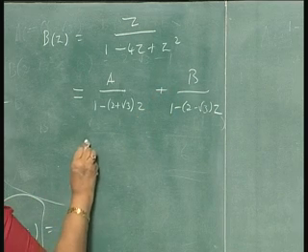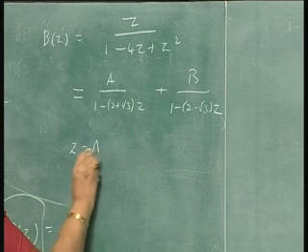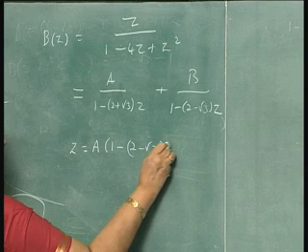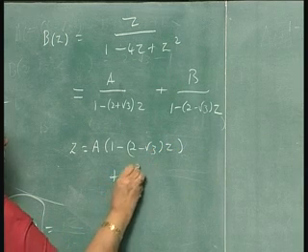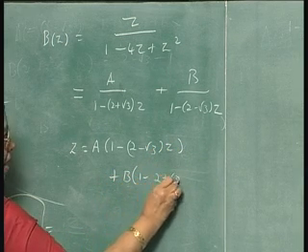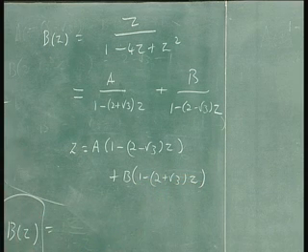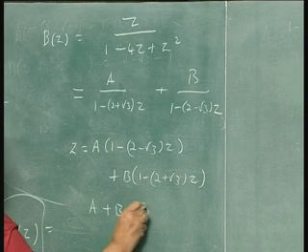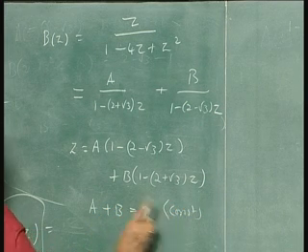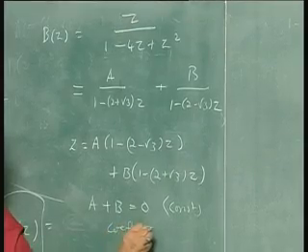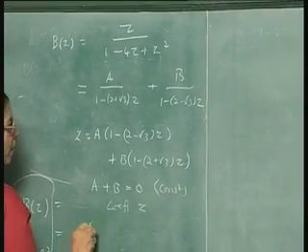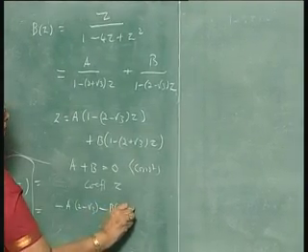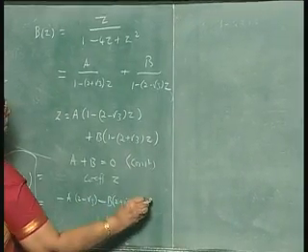So, that means z is equal to a into (1 minus (2 minus root 3) z) plus b into (1 minus (2 plus root 3) z). Equating the constants, a plus b equal to 0, and considering the coefficient of z, minus a into (2 minus root 3) minus b into (2 plus root 3) equal to 1.